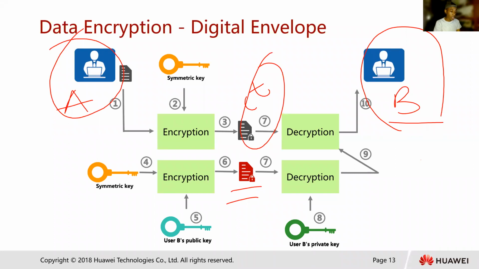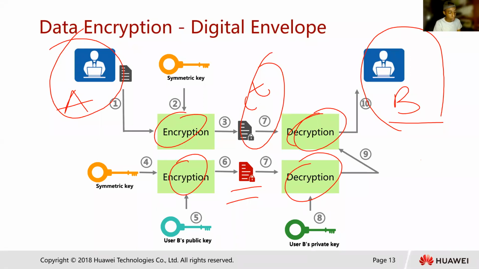Then what happens is there's a decryption process that takes place. There are 2 decryption processes that are going to take place. There have been 2 encryption processes, this one and this one. There are also going to be 2 decryption processes, this one and that one.